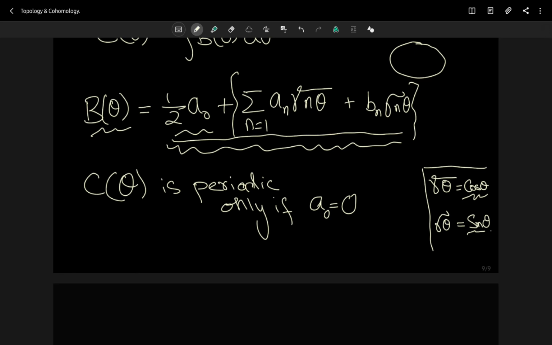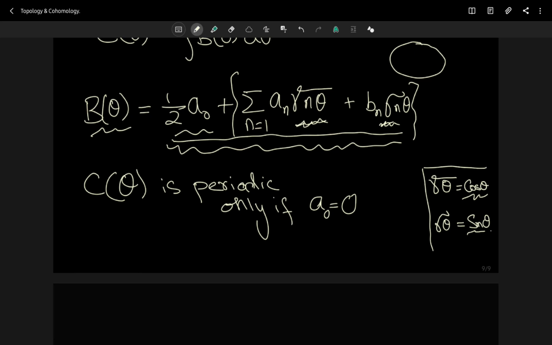That is simply because for any n that is not equal to 0, we are just integrating sine or cosine, which gives back periodic functions. When you integrate sine or cosine, you end up with periodic functions.